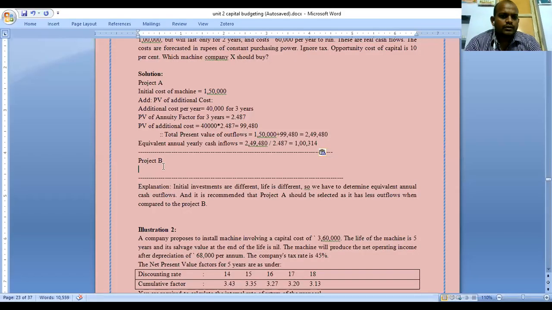So now we have to calculate equivalent annual yearly cash flows for project B. Sorry, these are not cash inflows, outflows. So for project B, initial cost of mission is 1 lakh.